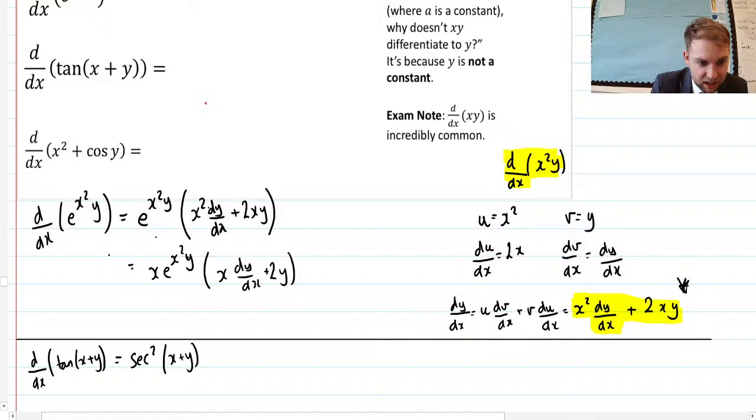Then I differentiate inside this, which is times by the differential of x, which is 1, plus the differential of y, which is dy by dx, like so. So if I differentiate tan, which is my outer layer first, it's going to be sec squared x, but remember it's sec squared of whatever's inside there, so x plus y, then differentiate the innermost layer, which is the x plus y.